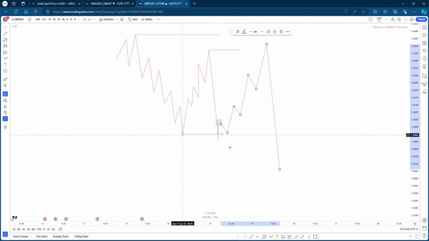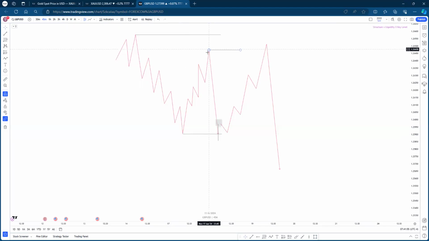Because if we only had a sweep, we did not have a break. When you move to the line chart, you will see that this low is still your external range liquidity that has not been broken. This new strong high is invalid. Price can use it as our next internal range liquidity point that needs to be taken before price continues to move in its direction.